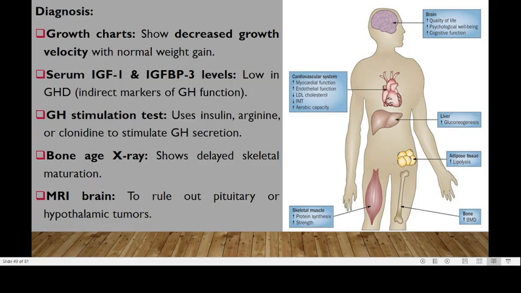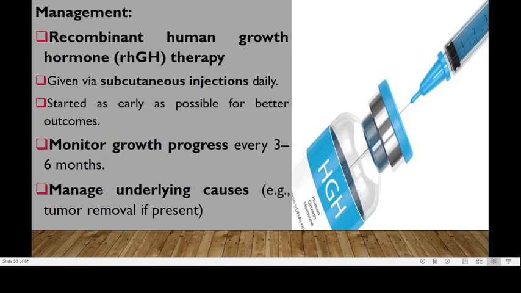Growth hormone stimulation tests use insulin, arginine, or clonidine to stimulate growth hormone secretion. Bone age X-ray will show delayed skeletal maturation, while MRI brain will be used to rule out pituitary or hypothalamic tumors.